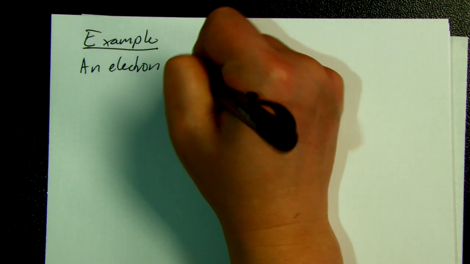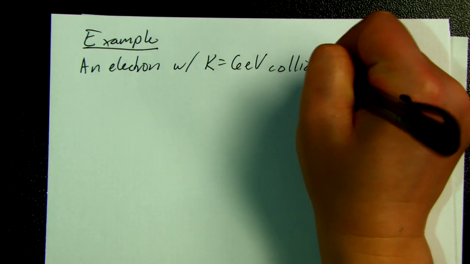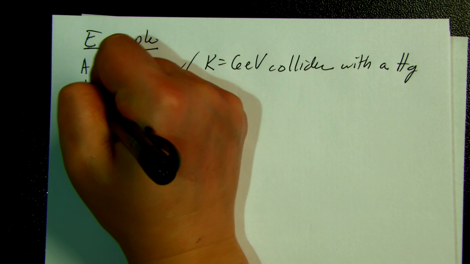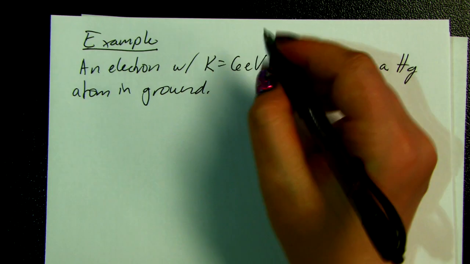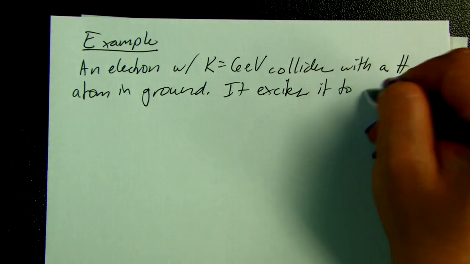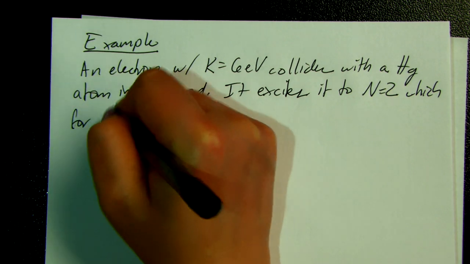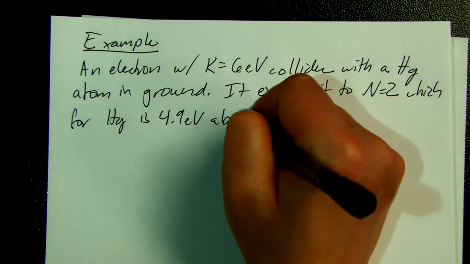We have an electron with kinetic energy of 6 eV that collides with a mercury atom in ground. So it excites it to n equals 2, which for mercury is 4.9 eV above ground.